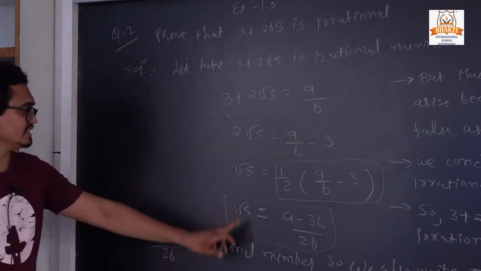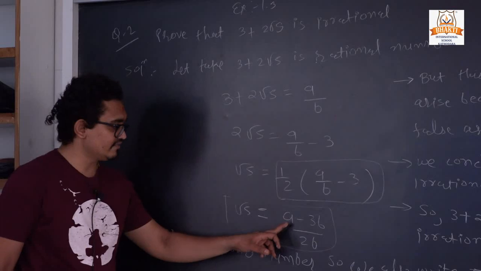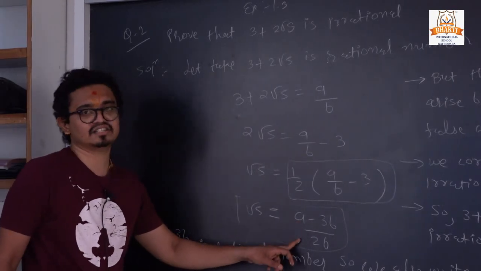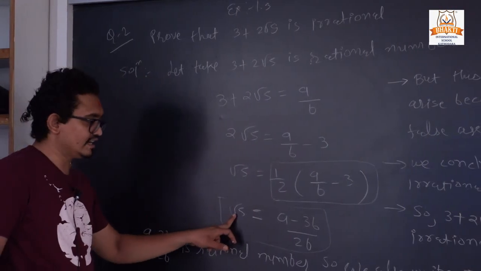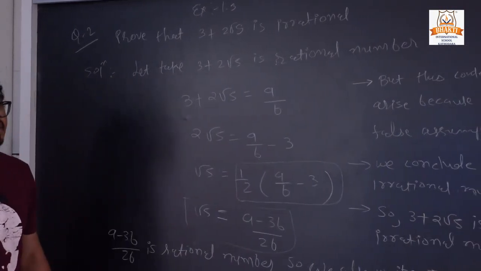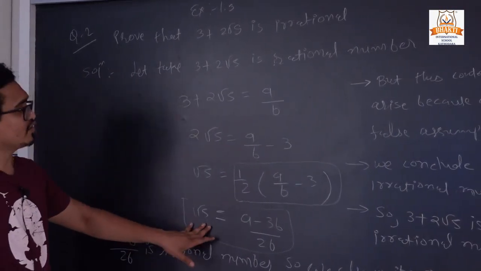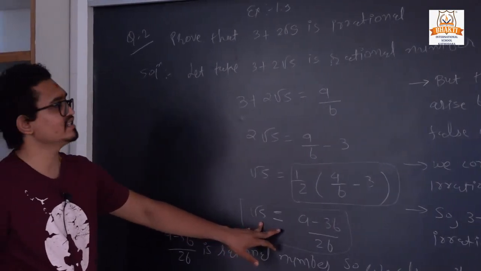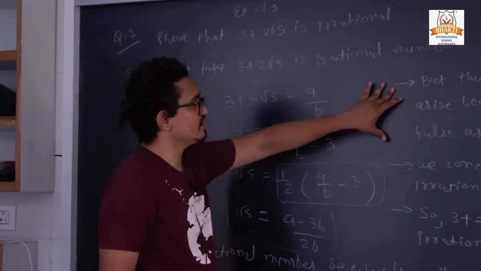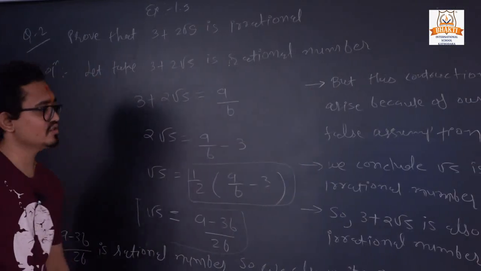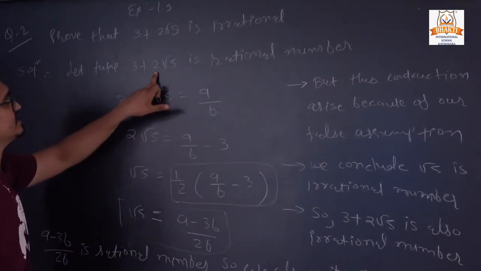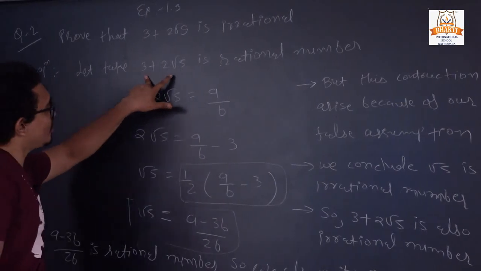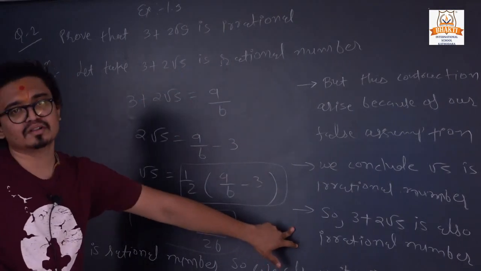After reaching that step, we can clearly see that it is in rational form. So we can say that root 5 is also a rational number. But we already know that root 5 is an irrational number. So this arises because of our false assumption. So root 5 is an irrational number, and if root 5 is an irrational number, then all this term will be an irrational number.